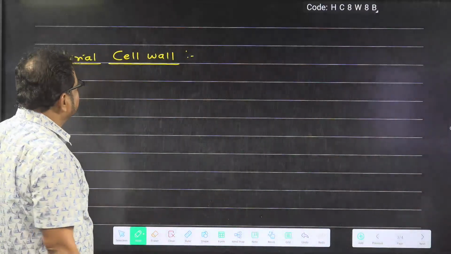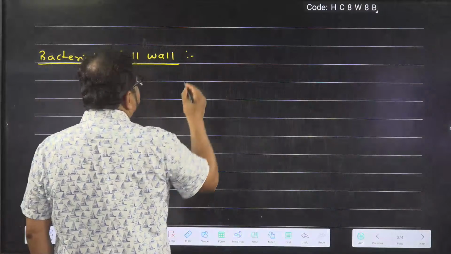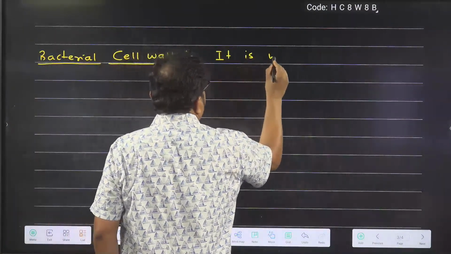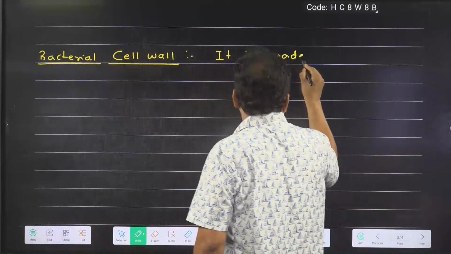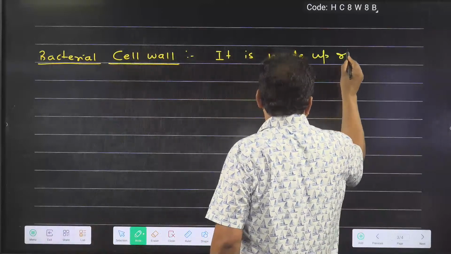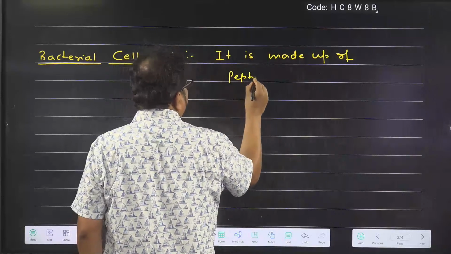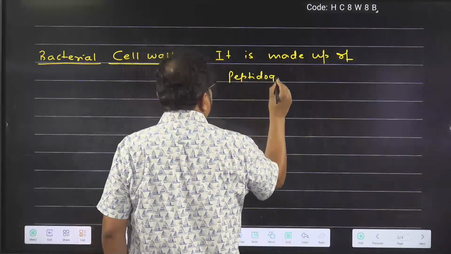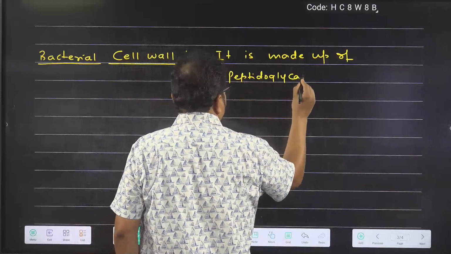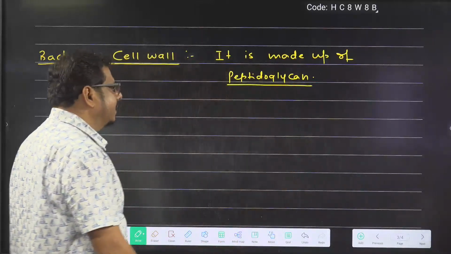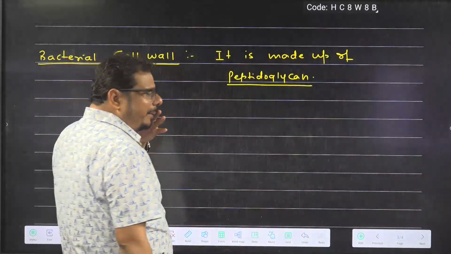Right? So if we talk about bacterial cell wall, it is made up of peptidoglycan. Got the idea? It is made up of peptidoglycan.